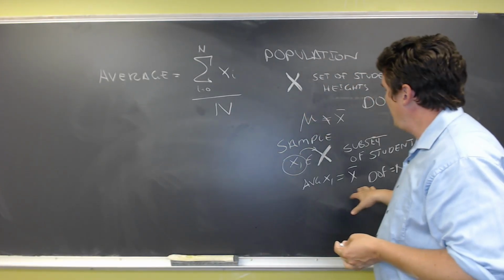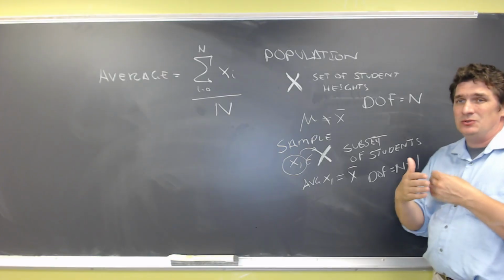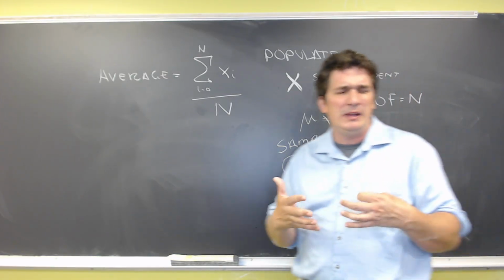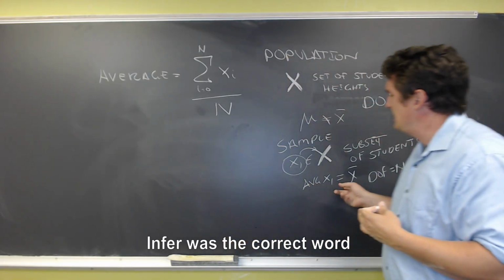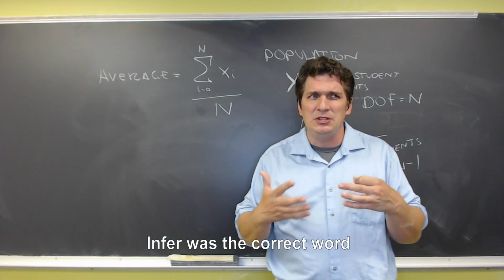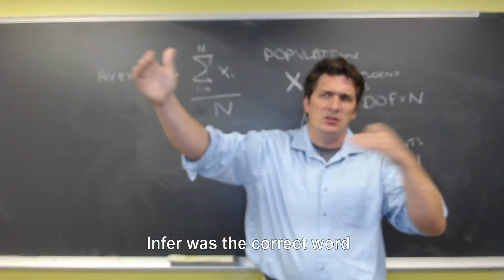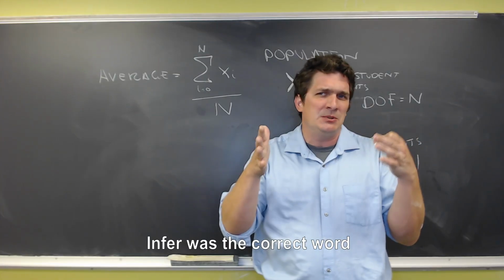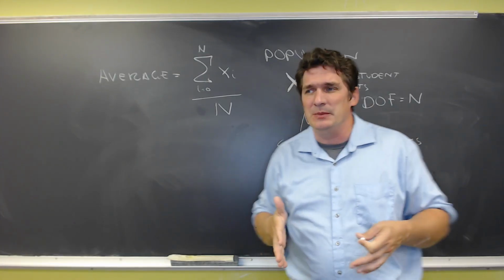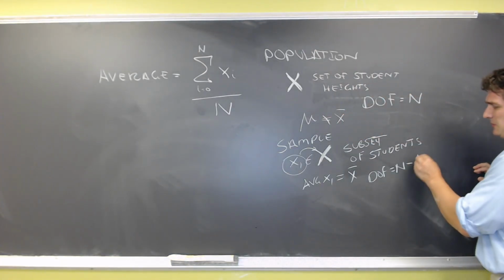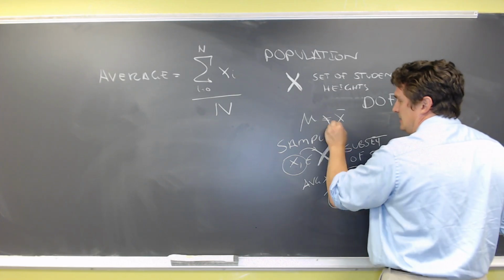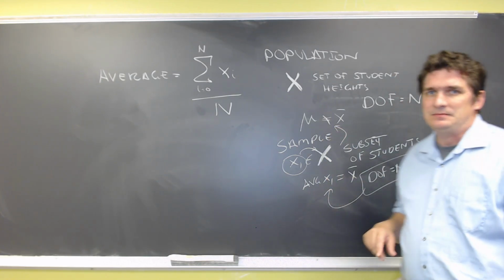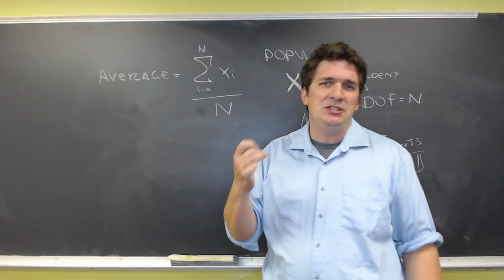Here, we use the average to approximate, and in fact, we use it to more or less, we're going to say interpolate here. Extrapolate's also not the right word, but because we randomly sampled a bigger set, we're pretty sure we're not sitting on extremes, but we're also not 100% confident that we're capturing all the information. So we lose the degree of freedom here to reflect the fact that X here is an estimate of the total set. So already this should start changing how you're thinking about it.